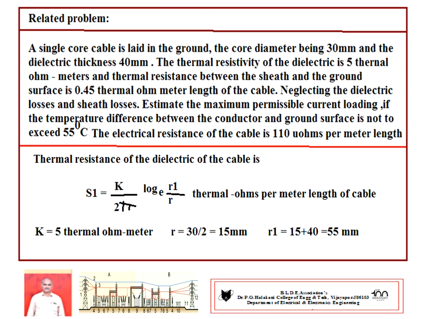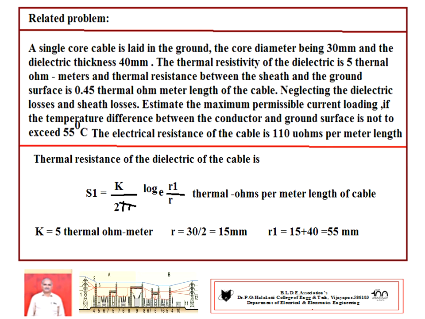A simple problem related to the above expression. A single core cable is laid in ground. The core diameter is 30 mm and the dielectric thickness is 40 mm. The thermal resistivity of the dielectric is 5 thermal ohm meters, and the thermal resistance between sheath and ground surface is 0.45 thermal ohm per meter length of the cable.